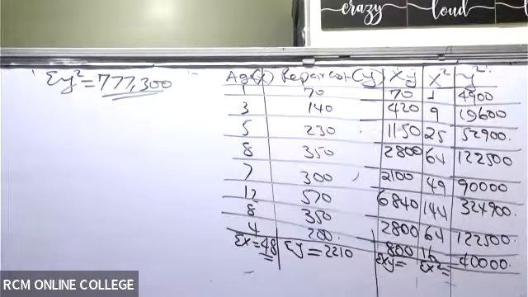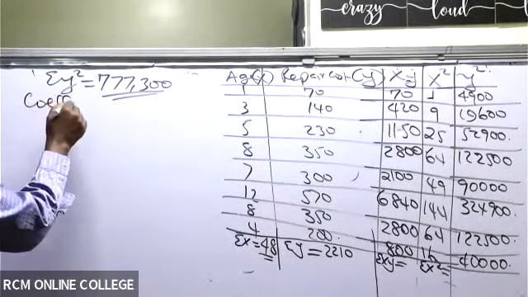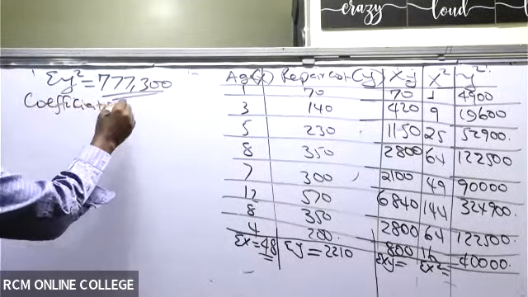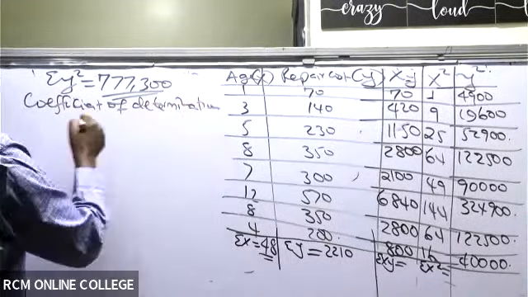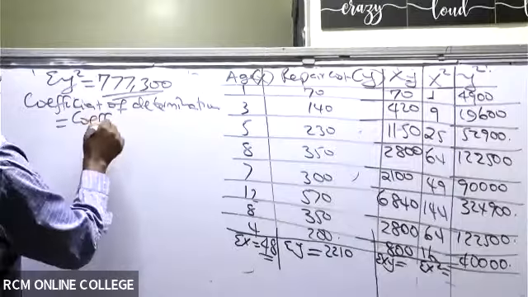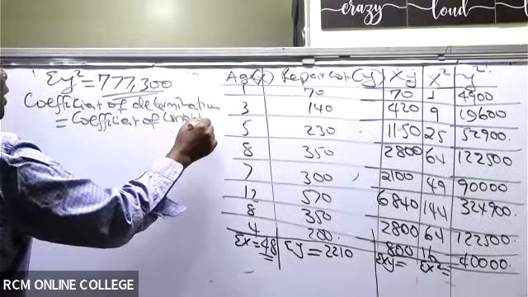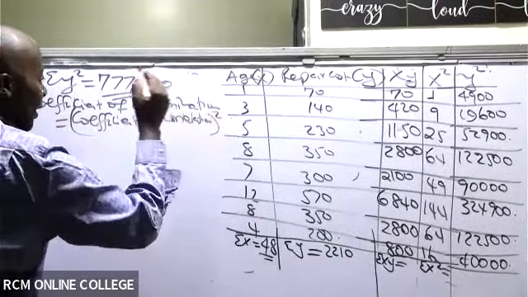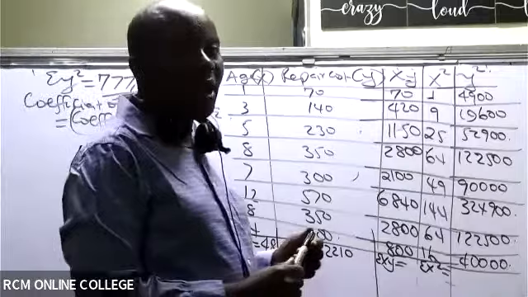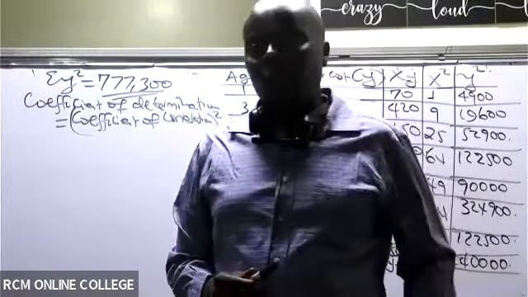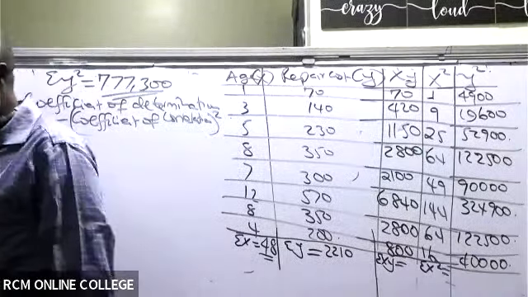So now remember the easiest way of you getting coefficient of determination. Coefficient of determination equals coefficient of correlation squared.